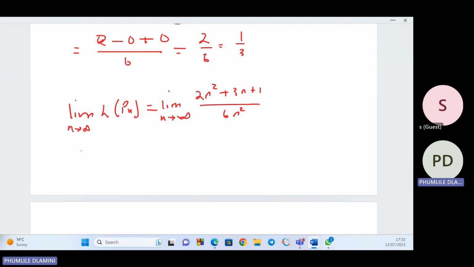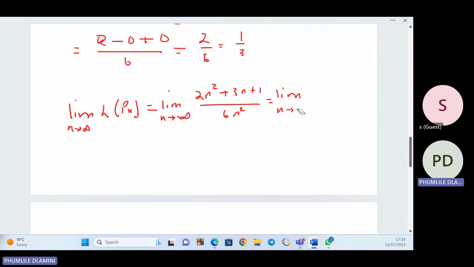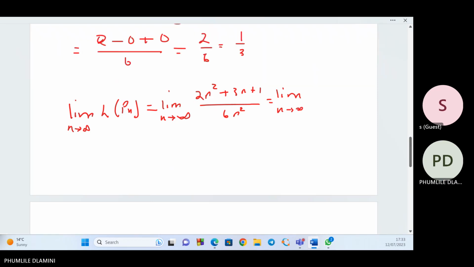So the same rules apply. Then we're going to divide everything by n squared. This is going to be equal to the limit when n approaches infinity. Write it exactly the way I am writing here.